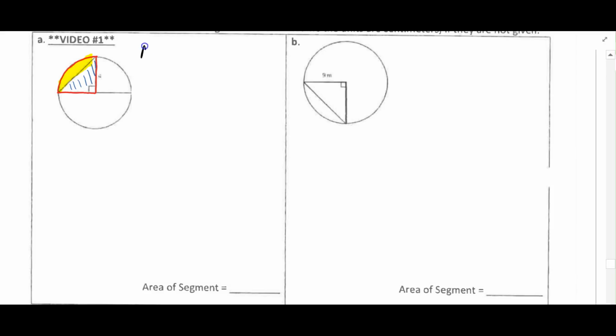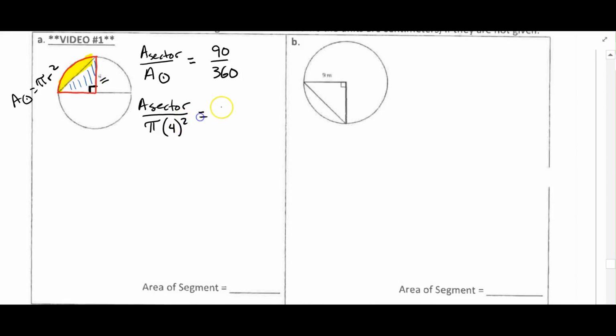So the area of the sector over the area of the circle, so that we see this is 90 degrees, so that's 90 out of 360. So the area of the sector, we know the area of the circle is pi r squared over pi times the radius is 4 right over here, squared is equal to 90 out of 360.